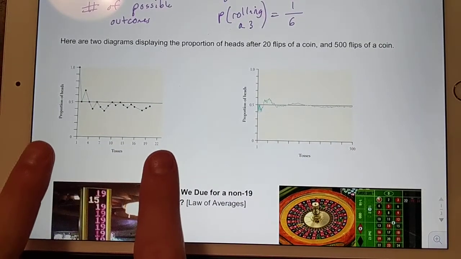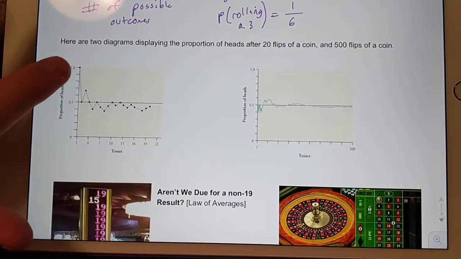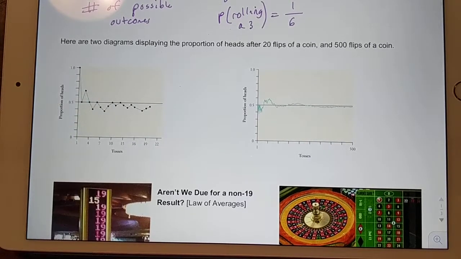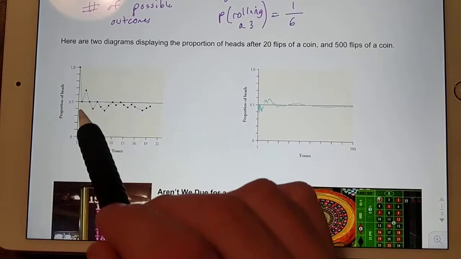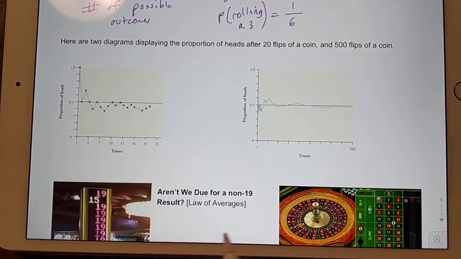The two diagrams display the proportion of heads after 20 flips of a coin and then 500 flips of a coin. So proportion of heads starts off at 1. That's 1 flip, 1 head. 2 flips, 0.5. That's 1 head, then 1 tail. You get another head, tail. As it moves up and down, it's more heads or tails. You'll notice that this proportion is going back and forth quite a bit, a lot of variation.